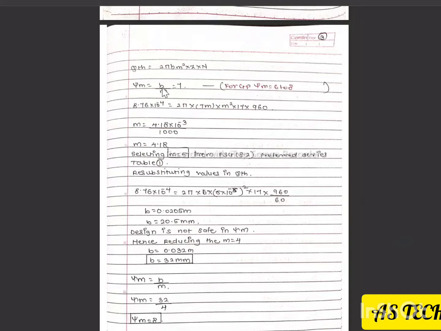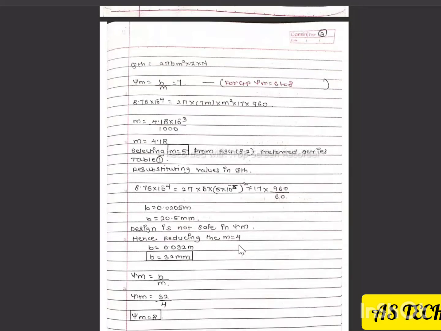But our b by m value should be in between 6 to 8, so psi m fails. Hence reducing the module to 4.